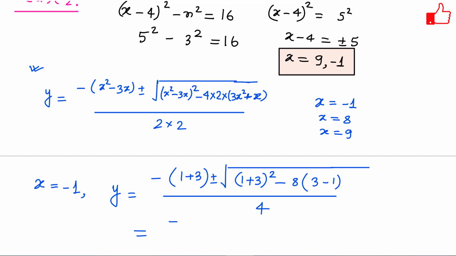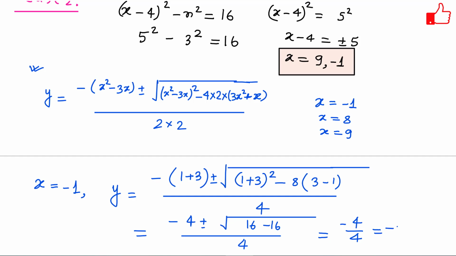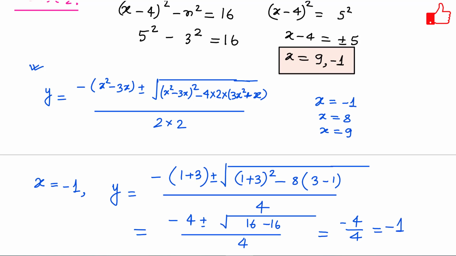So let us calculate. So this is minus 4 plus minus a square root, 4 square is 16, and this is 8 times 2, 16, minus 16, divided by 2. So from here I am getting minus 4 by 4, that is in this case y is equal to minus 1.